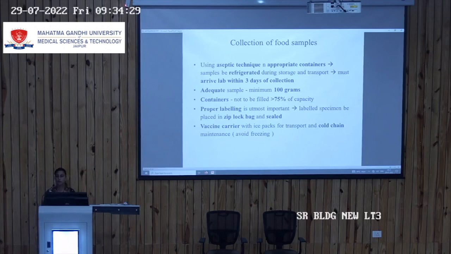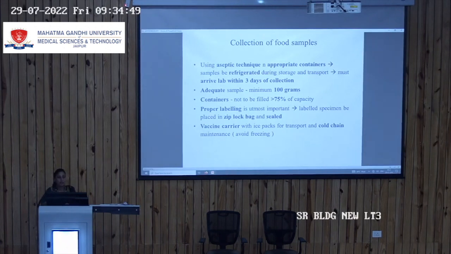Now, how can the food samples be collected? By using aseptic technique and appropriate containers. Samples are to be refrigerated during storage and transport, and the food collected as a sample should arrive at the lab within 3 days of collection.